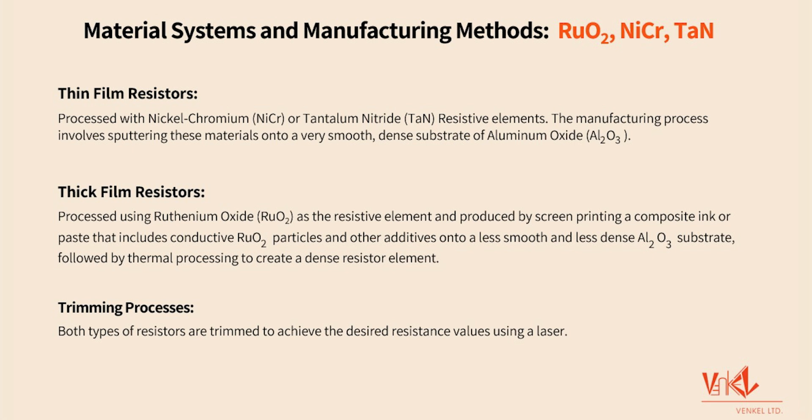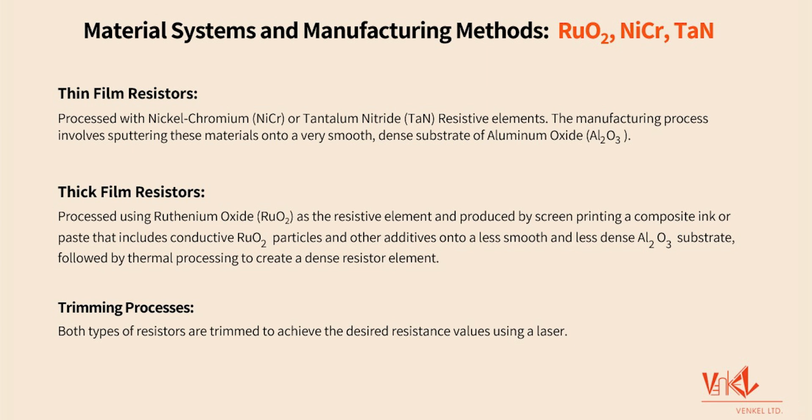Resistors can be broadly classified as thin film or thick film, and the key differences lie in their material systems, manufacturing, and performance. Thin film resistors utilize materials like nickel chromium or tantalum nitride, which are deposited through a process called sputtering onto a smooth, dense aluminum oxide substrate. This results in a highly precise and stable resistor ideal for applications where accuracy is critical, such as medical devices or high-frequency circuits.